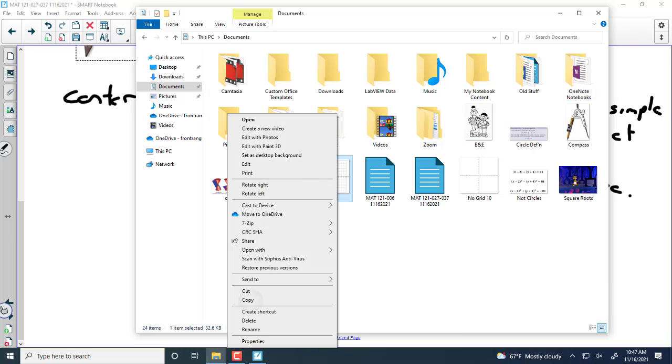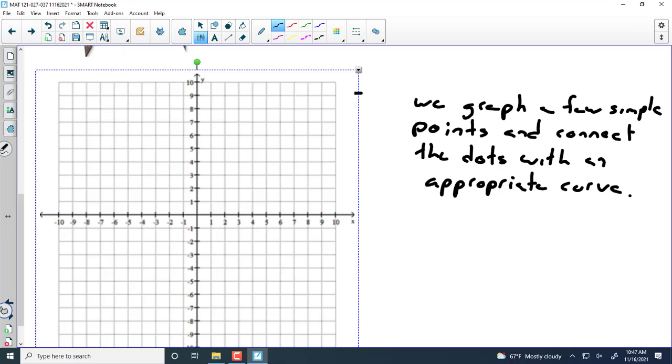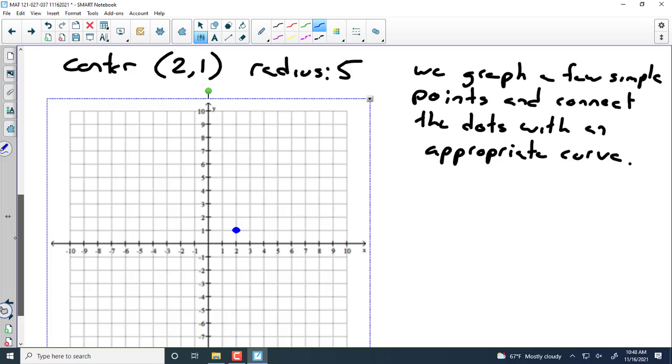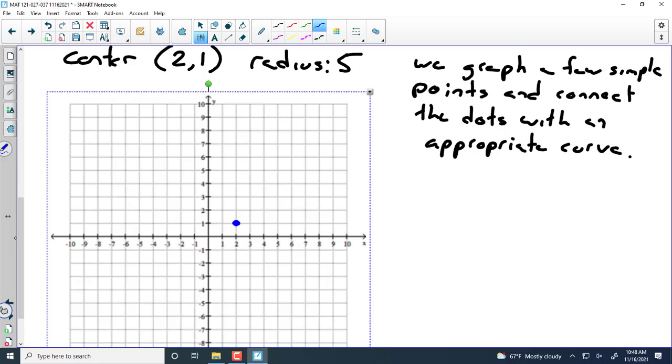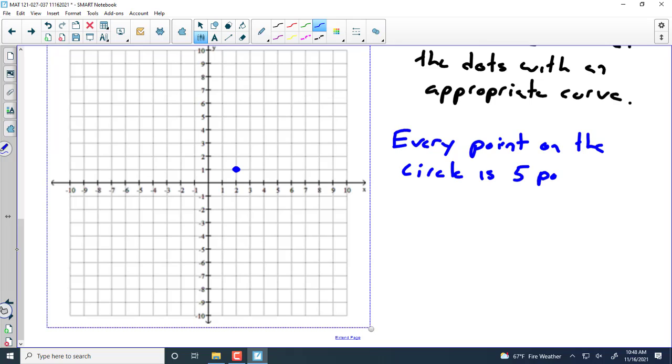So what are going to be the easiest points to plot? Well, we start by plotting the center of the circle at (2, 1), right there. And then every point on this circle is how far from the center? 5. So every point on the circle is 5 units from the center.